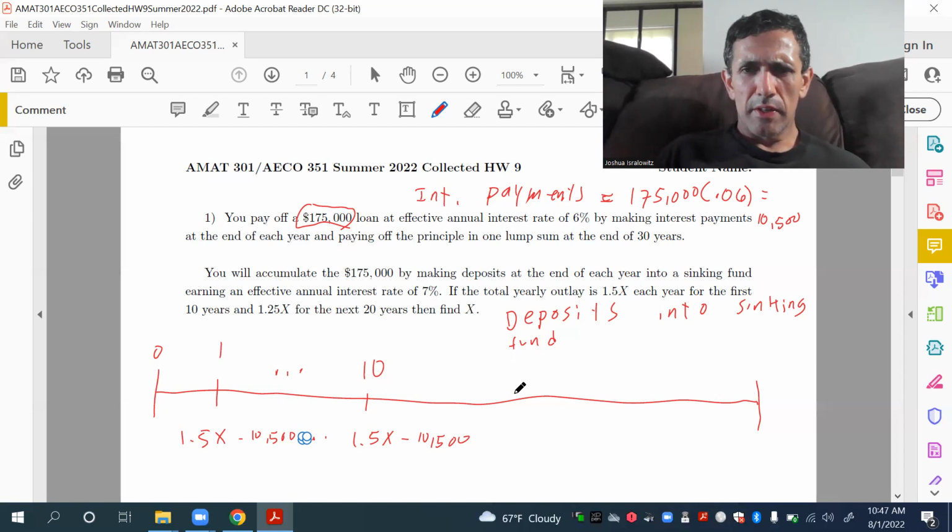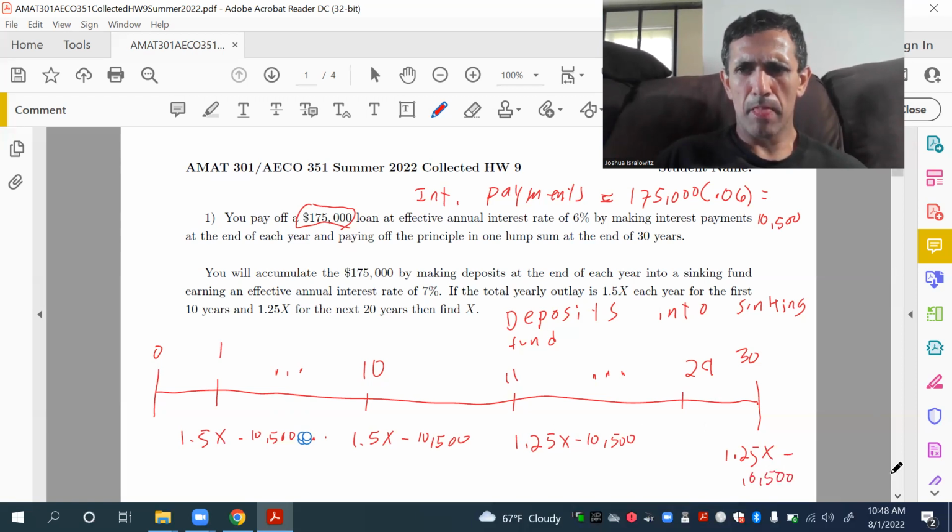Okay. All right. So same kind of logic. Usually I do 29, but I'm not going to have room to put anything for 29. So it's 1.25x minus 10,500 for the next 20 years. So a lot of people made the same odd mistake that I'll get to in a second.